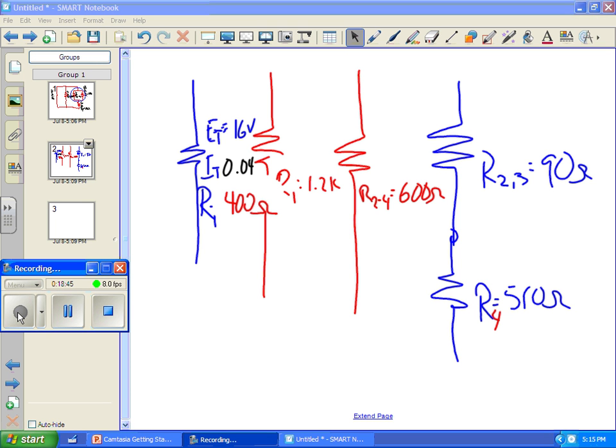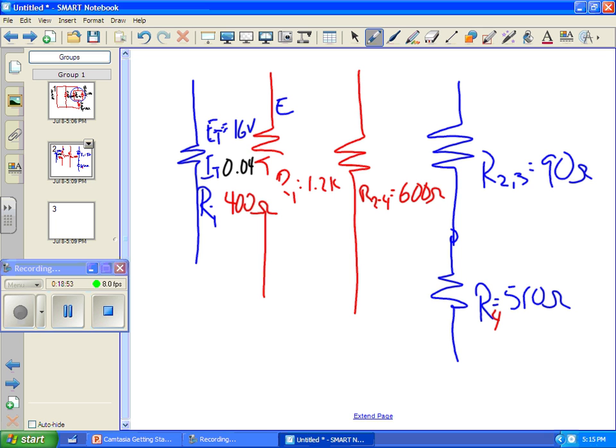Before that, we had two in parallel. What would we take into parallel? We would take the voltage. That's right. E1 is equal to 16 volts, and the voltage across that whole 234 branch was also 16 volts.